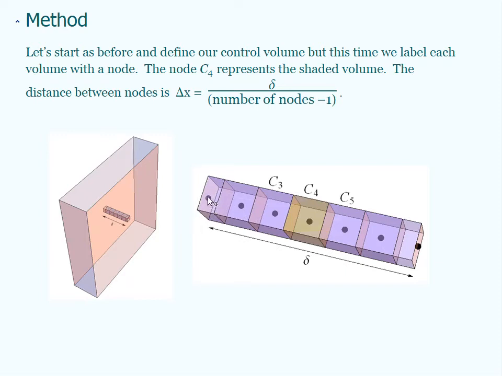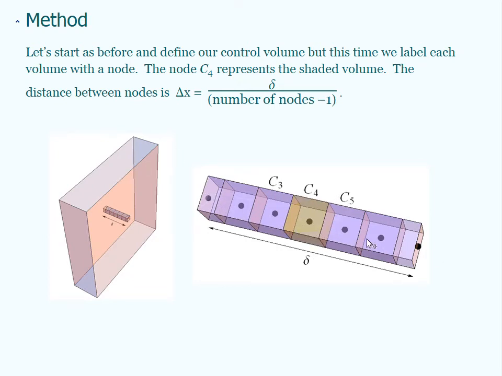And so we've got 1, 2, 3, 4, 5, 6, 7 nodes, so delta divided by 6 would be our spacing. And you can see that here, because if you count the actual spacings, this is 1 spacing, 2, 3, 4, 5 spacings, 6 spacings. Okay, so we're just breaking delta up into 6 spacings.